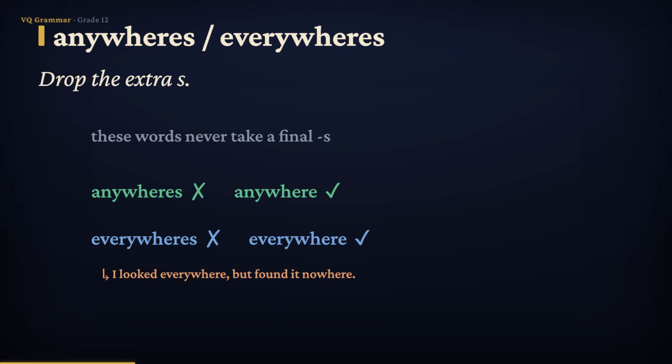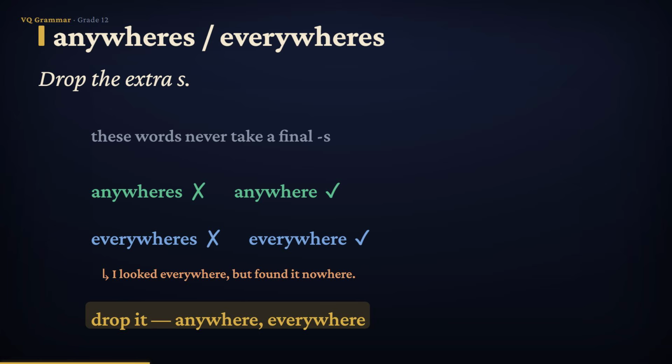Clean, with no extra S hanging off the end. The same goes for their cousins, nowhere and somewhere, never nowheres or somewheres. So whenever you hear that tempting S creeping onto the end of one of these words, drop it. Anywhere, everywhere, always without the S.